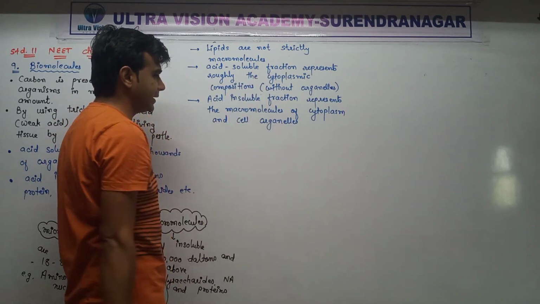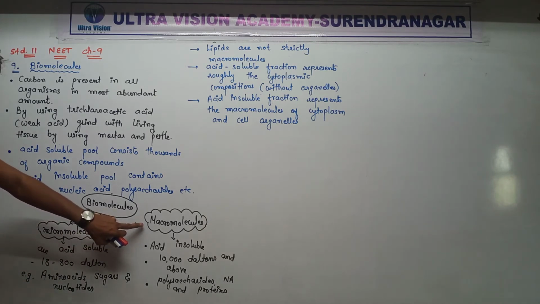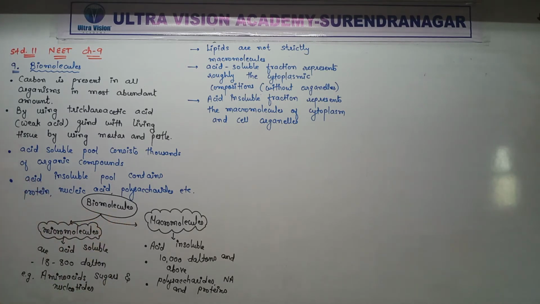These two combined together form the whole chemical composition of the cell or the organism. Micromolecules are less than 1000 Dalton molecular mass, macromolecules greater than 10,000 Daltons and above. In between, many molecules are noticed.